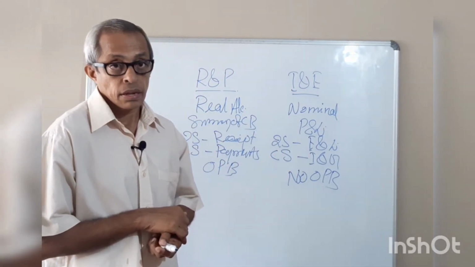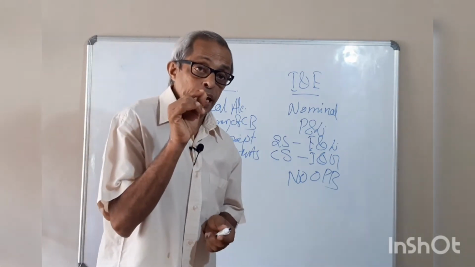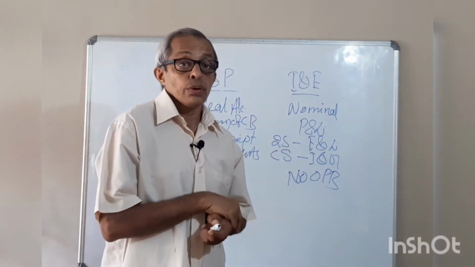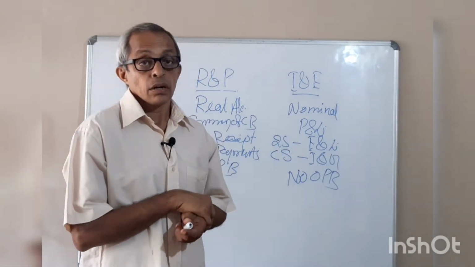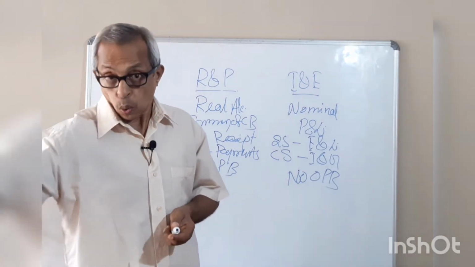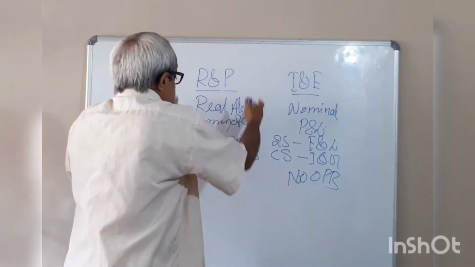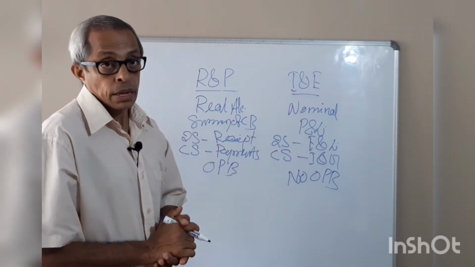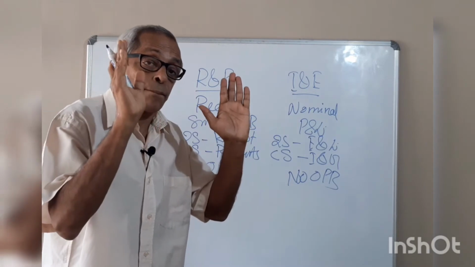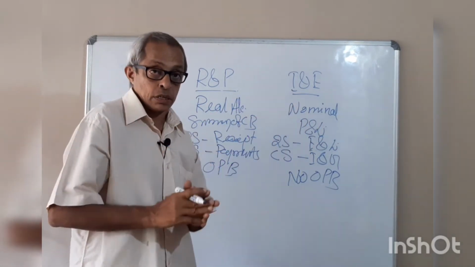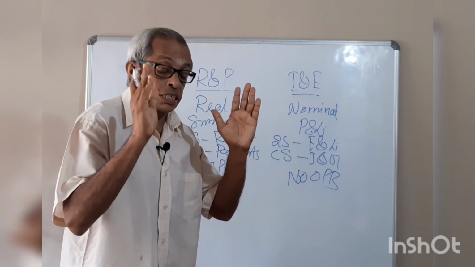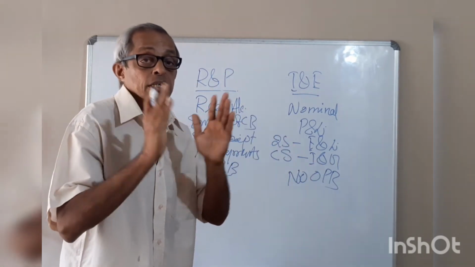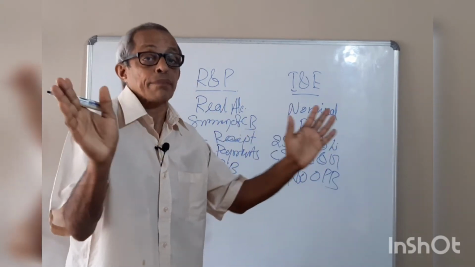That means if there is a payment or receipt belonging to previous year or of current year or of future years, all these will be recorded in receipts and payments account. It does not consider the period of receipt as well as period of payment.